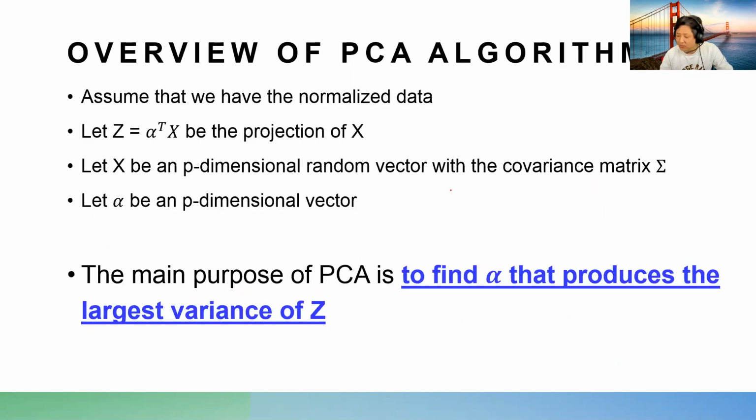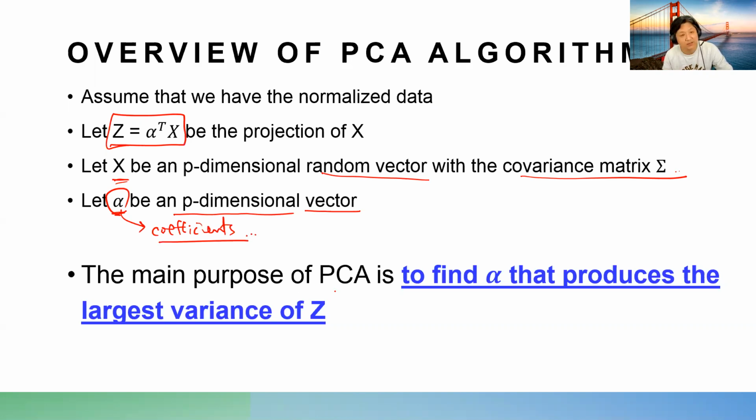Okay, assume we have normalized the data, and then we just show this relationship, right? So X is a random variable with the covariance matrix. Alpha is a p-dimensional vector. This alpha is what? This is coefficient, right? Coefficients. So the main purpose of PCA is to find alpha that produces the largest variance of X. Okay.